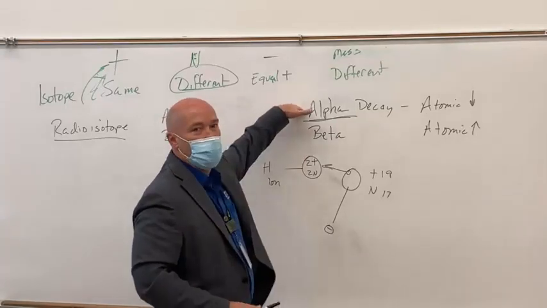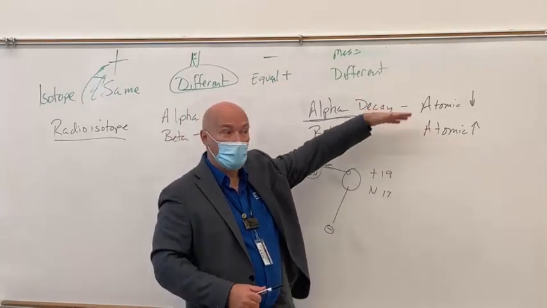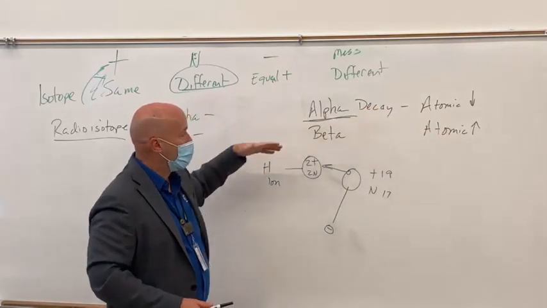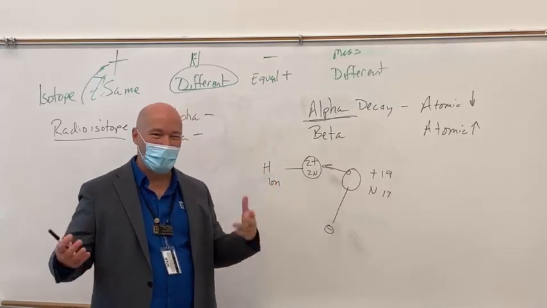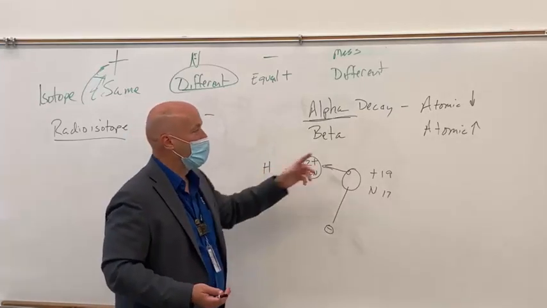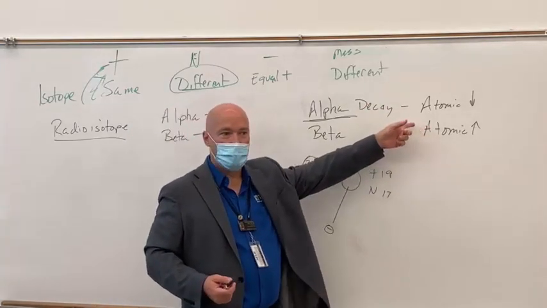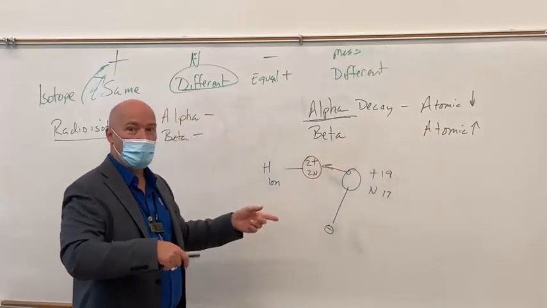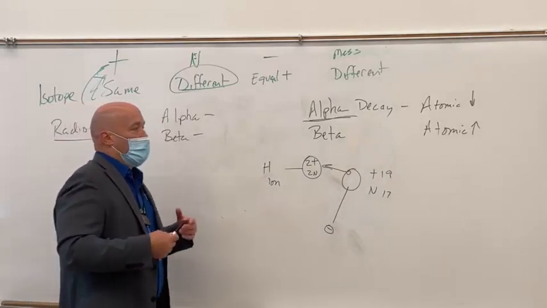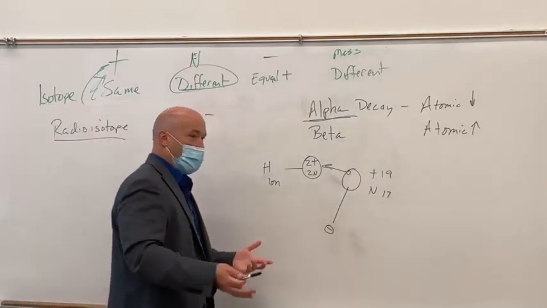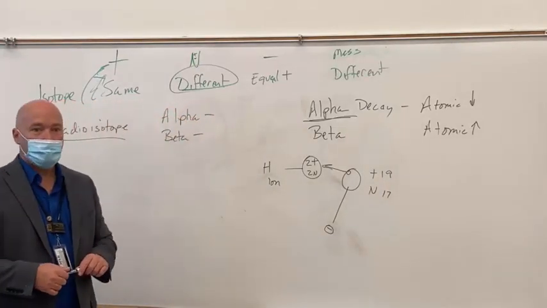With alpha, we lose atomic number and we lose some elemental mass. With beta, we lose just a little bit of elemental mass because the electron almost doesn't have any, but the atomic number increases. In both cases, they become something totally different. It's just a matter of how it became something totally different.